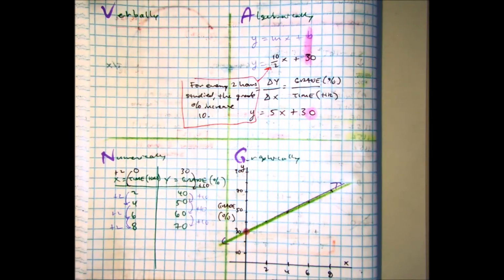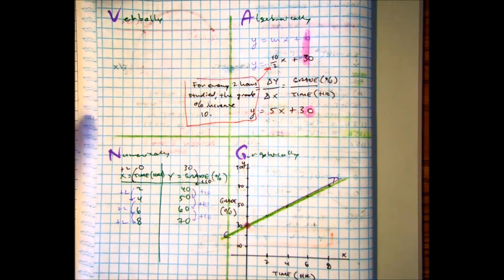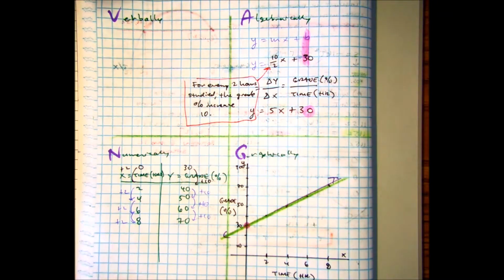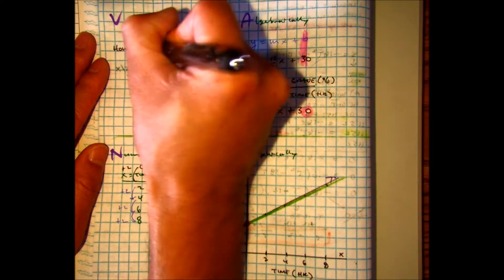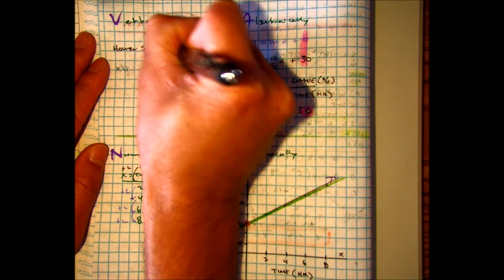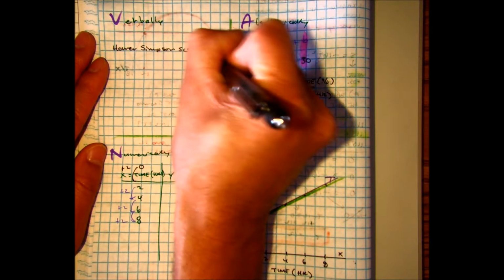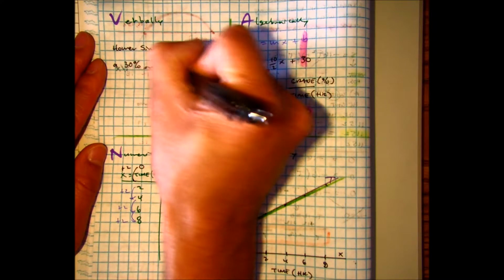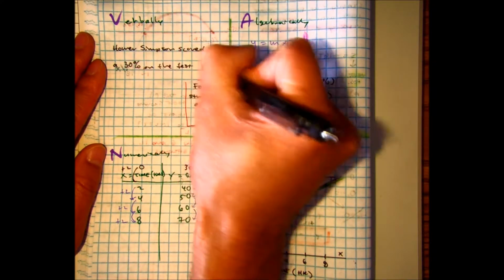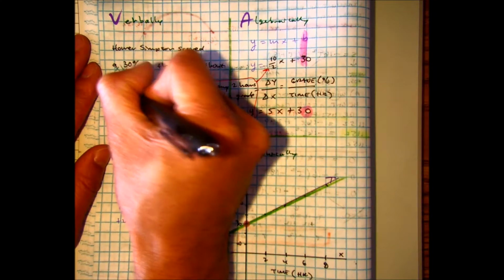Now we get to write a story. Homer Simpson scored a 30% on the test without studying.